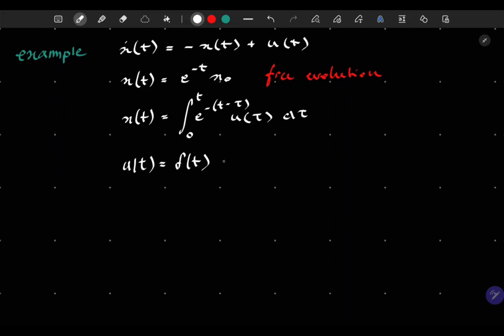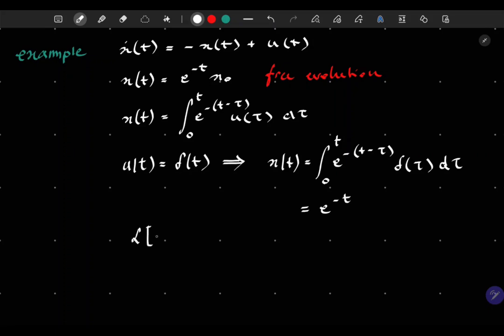Now what we obtain, thanks to the sampling property of the delta function, is the following. x is the convolution product between the term e to the minus (t minus tau) and the delta function. And the sampling property just tells us that the result of this integral is the function multiplied times the delta, evaluated at tau equals 0. So this is just e to the minus t.